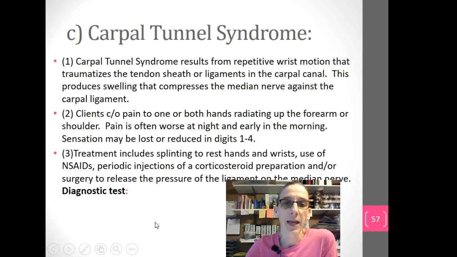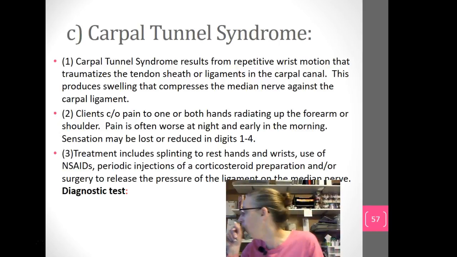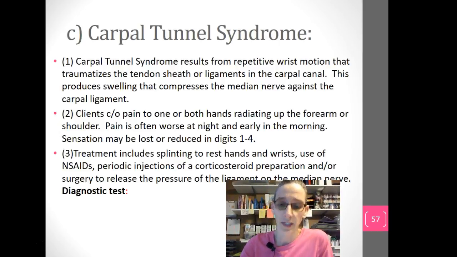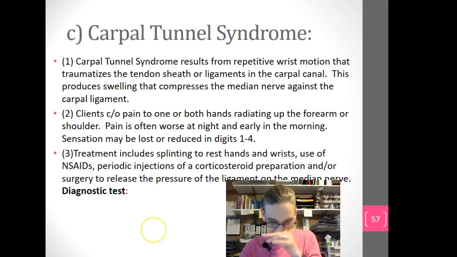Clients complain of pain in one or both hands radiating to the forearm or the shoulder. The pain is often worse at night and early in the morning. They wake up with severe pain. Sensation may be lost or reduced in digits 1 through 4.